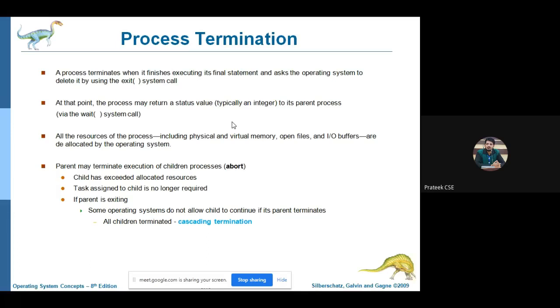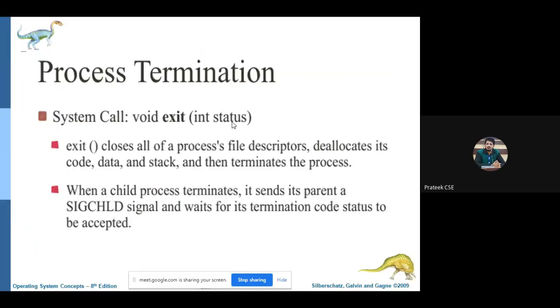If the parent is terminating due to any reason, then all of its 4 children will not be allowed to complete or proceed further. This is known as cascading termination because they are connected with each other. Once the parent terminates, all its children also terminate, just because the operating system is not going to allow the child processes to continue execution.